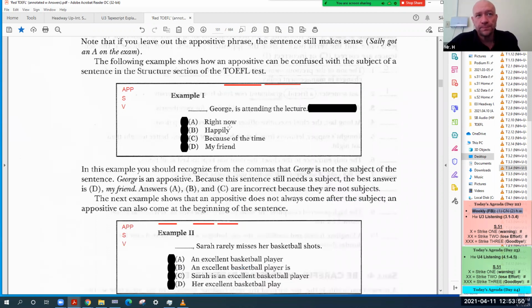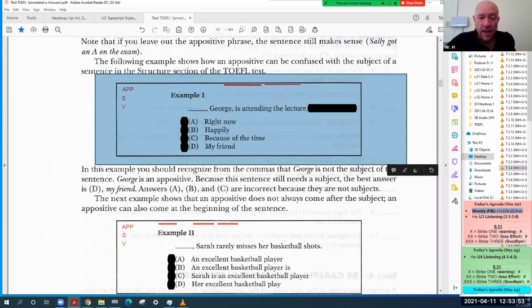Everybody, look at this example, and I want you to choose your answer: alpha, beta, Charlie, or delta. Choose your answer from the poll. Don't give us the answer, just choose it.